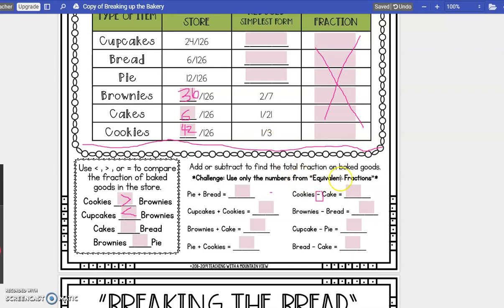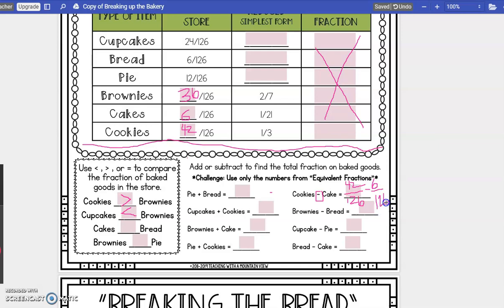So cookies is 42 over 126 minus, so where's cake? Minus 6 over 126.